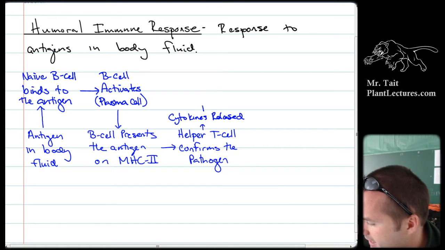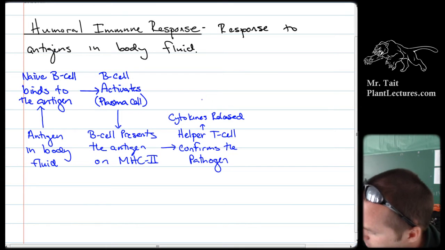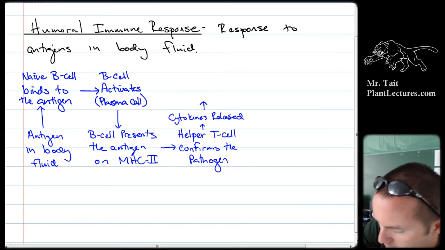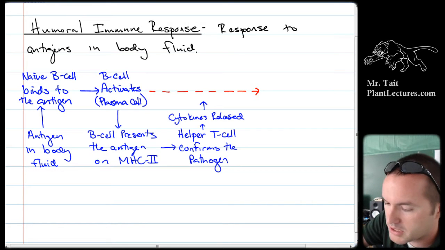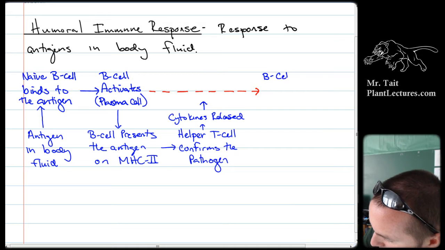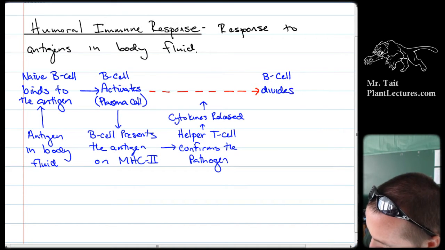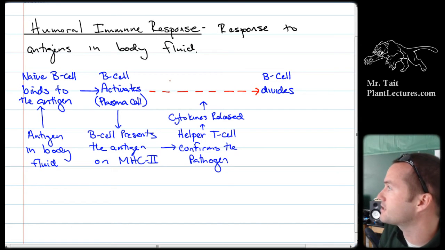Okay, and if the cytokines get released, that's going to allow this next step to go on, which is this B cell is going to divide. Okay, and when it does that, it can only divide if there are cytokines present.